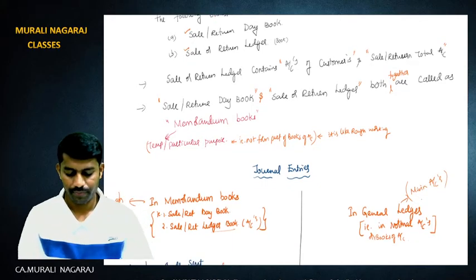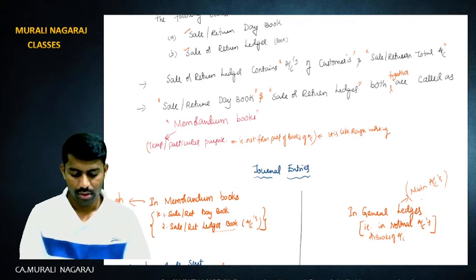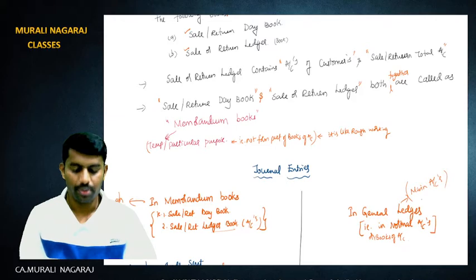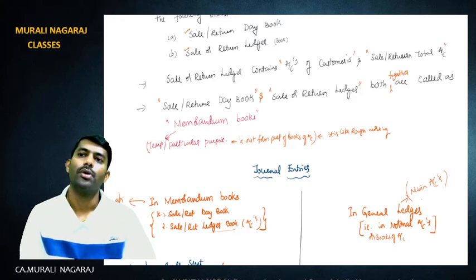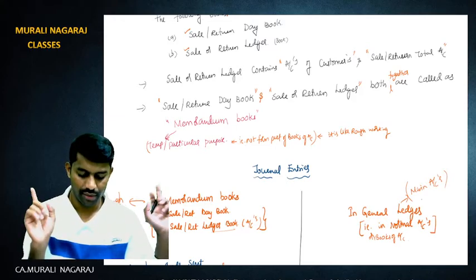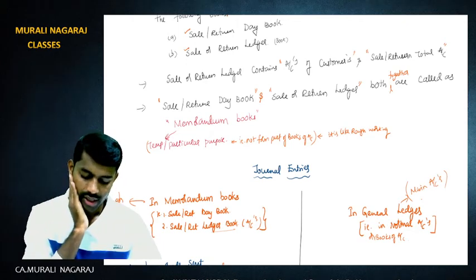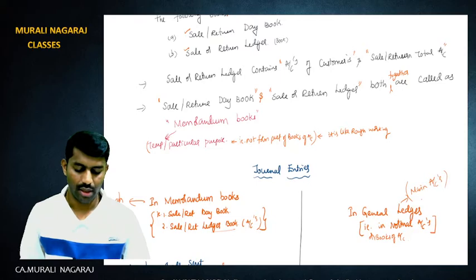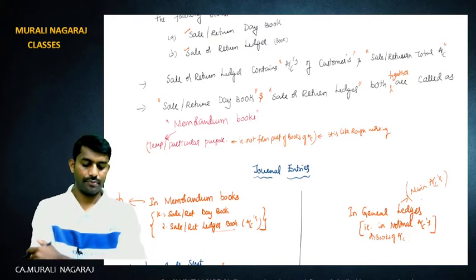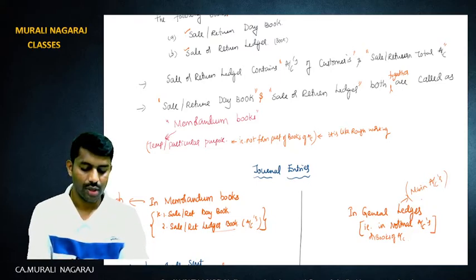Next bullet. Start with quotes: sale or return day book, and again within quotes, sale or return ledger. Close the quotes.